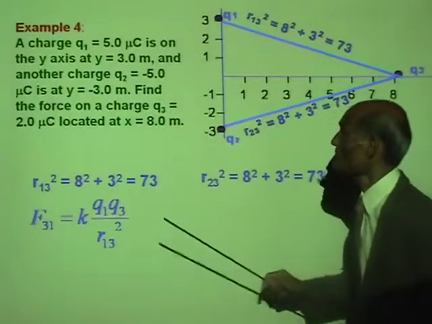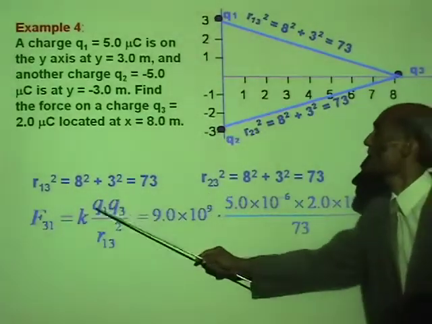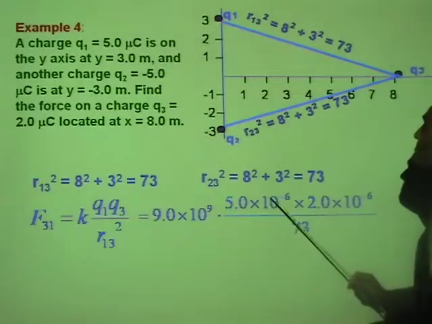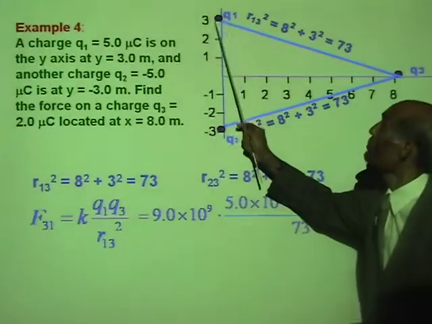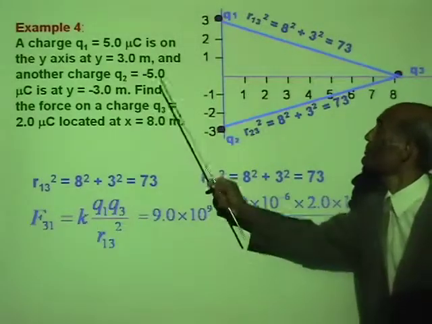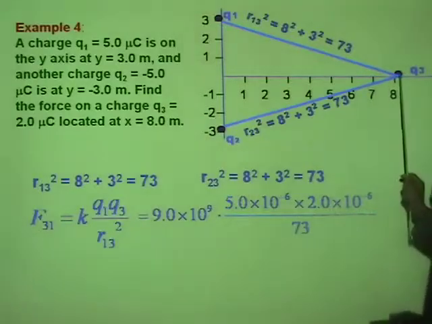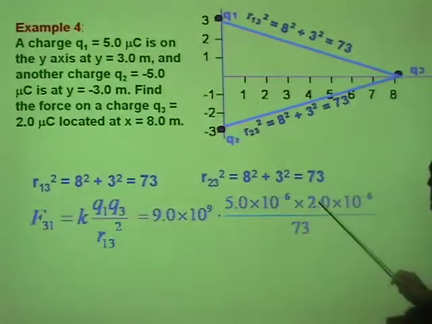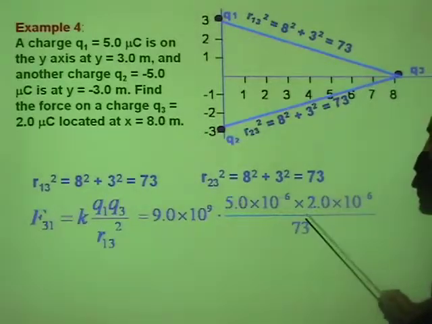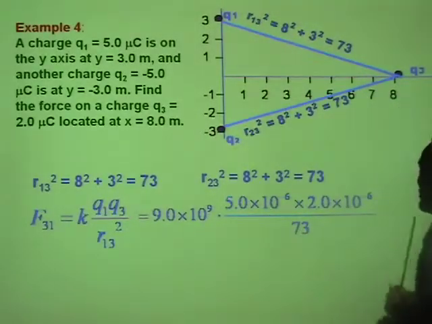We have all those values, so that will be 9 times 10 to the 9 times 5 times 10 to the negative 6. 5 microcoulomb is Q1. No, Q3 is 2 microcoulomb, so that will be 2 times 10 to the negative 6. Divided by R13 squared, which is 73.